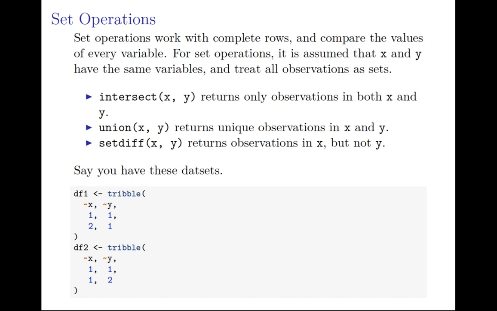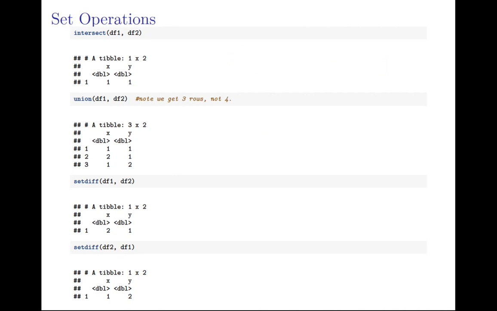Intersect of x and y returns only observations in both x and y. Union of x and y returns unique observations in x and y. And setdiff of x and y returns observations in x but not y. Again, that's useful for data cleaning. Say you have two data sets, df1 and df2. Here are all of those types of set operations and your resulting output.